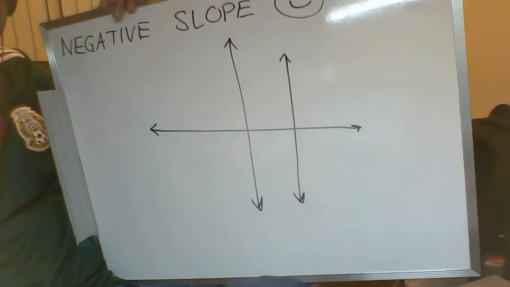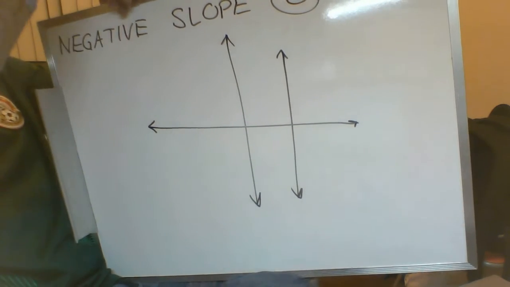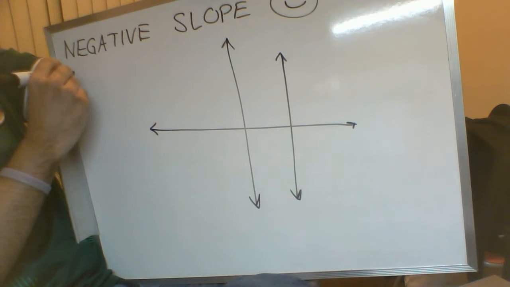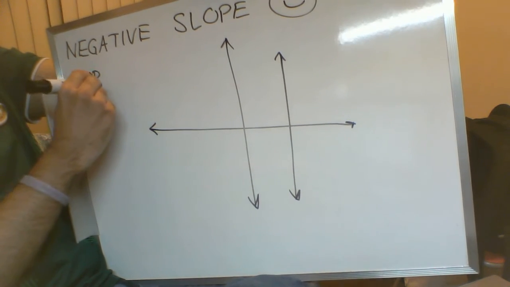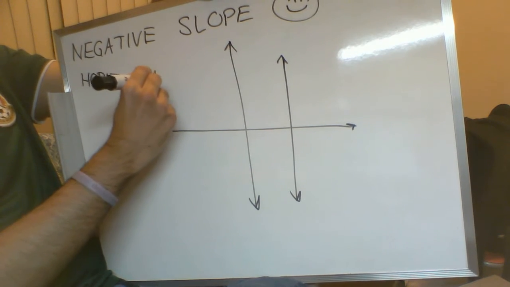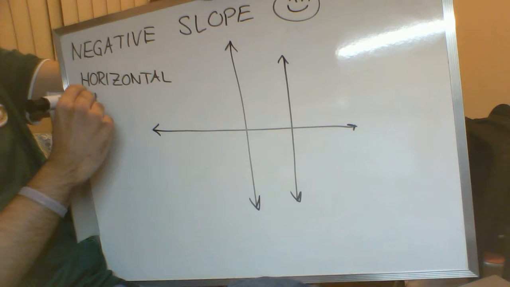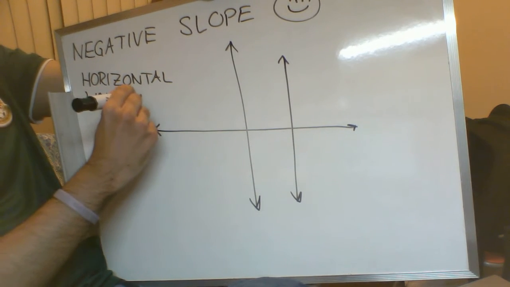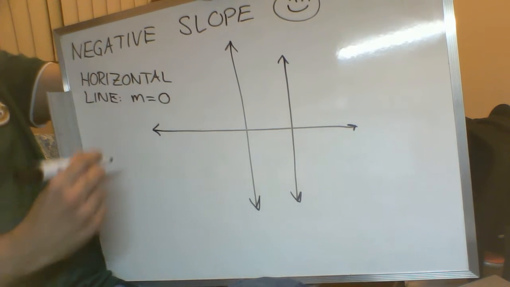So let's take a few minutes now to discuss negative slope, just so that you have something to write down in your notes, because I have been mostly just talking in this video. For a horizontal line, your slope is equal to 0.